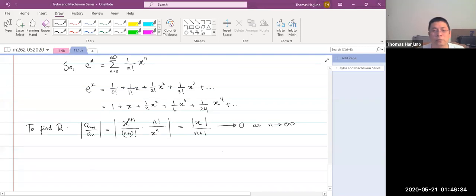Because this is 0 for every x, which is less than 1, the radius of convergence is infinity.